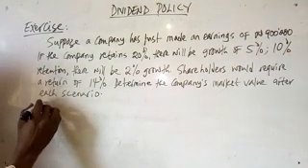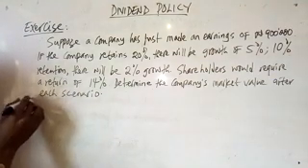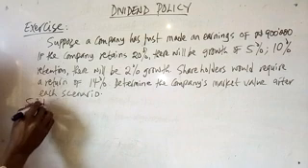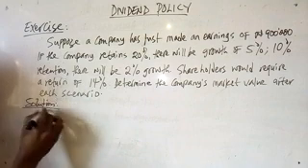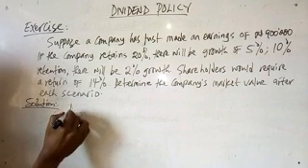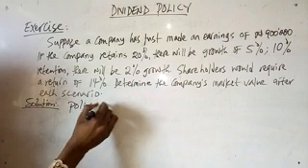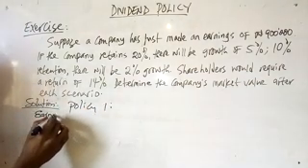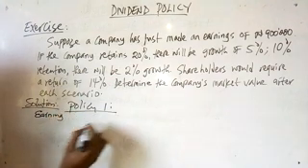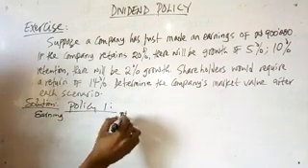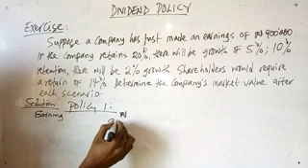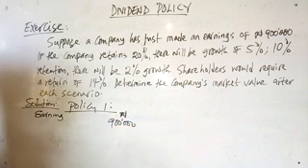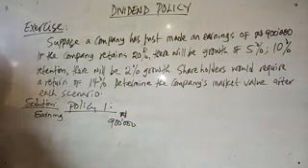So policy 1, solution now. So earnings. The earnings of the company is 900,000. So retention.